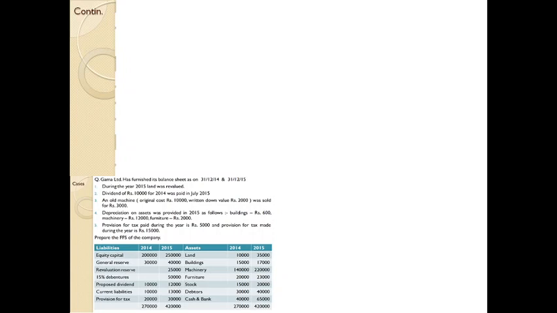So the concept is, all these transactions don't affect a flow of fund, because we have learned at the beginning that there are some transactions that cannot be considered as a flow of fund. Whenever a transaction consists of one current item and another non-current item, then only a flow of fund occurs.